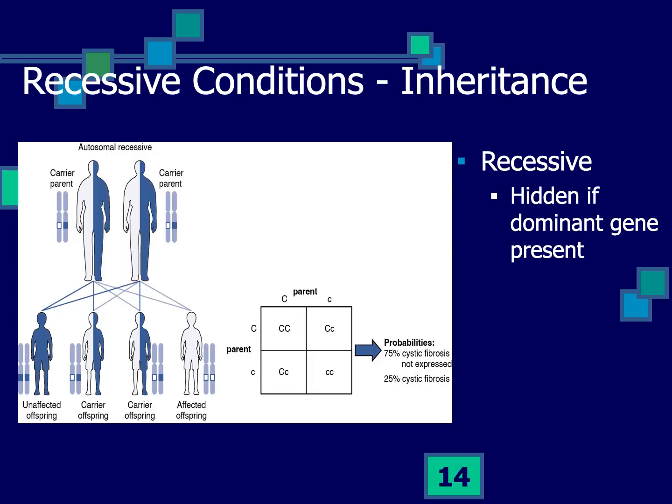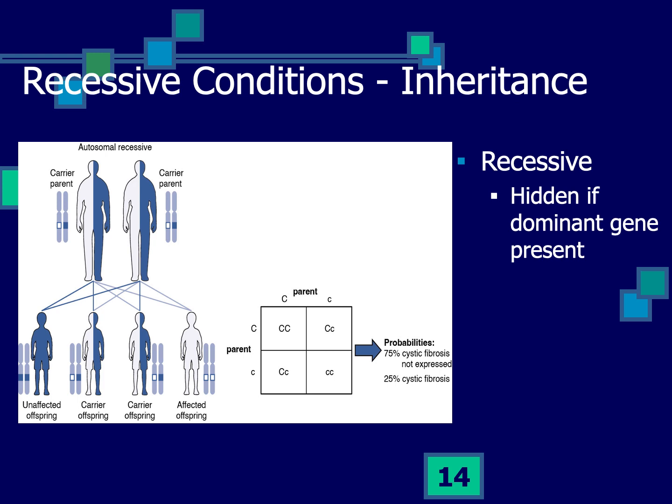There are lots of diseases that are caused by recessive genes, genes that are hidden if a normal gene is present. But if you have two copies of the recessive gene, you will express the condition. A good example is cystic fibrosis. In that case, the recessive gene for cystic fibrosis is for a defective chloride transport molecule.